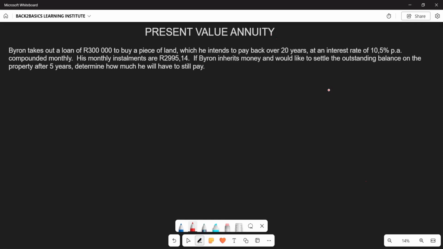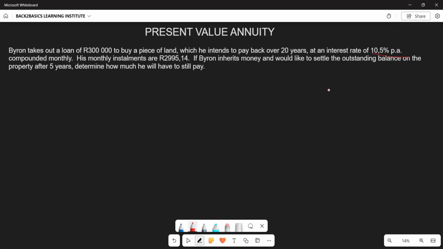Firstly, let's see. They say this man, Byron, takes out a loan of 300,000 to buy a piece of land, which he intends to pay back over 20 years at an interest rate of 10.5% per annum compounded monthly.